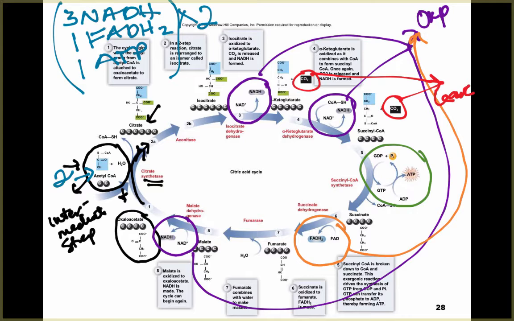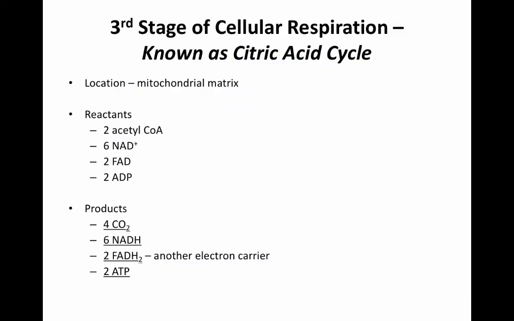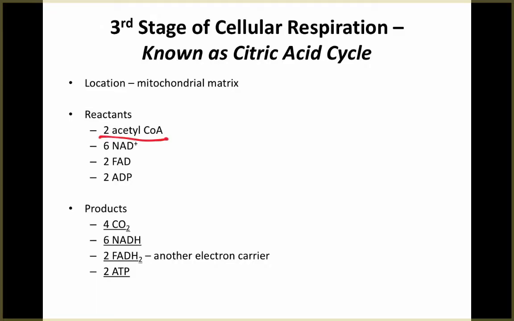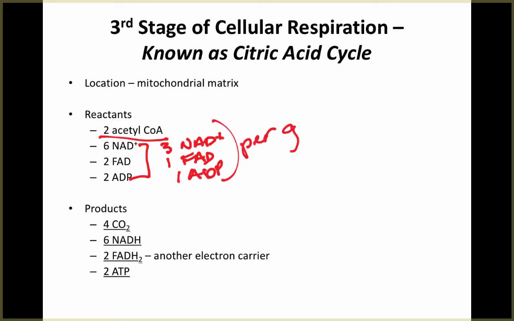And so the next time we talk, we are going to essentially talk about oxidative phosphorylation. And this again is just a reiteration of the third stage. You can see we come in with 2 acetyl-CoA, and you have 3 NAD pluses, 1 FAD, and 1 ADP per cycle, right? And you have 2 cycles, remember?